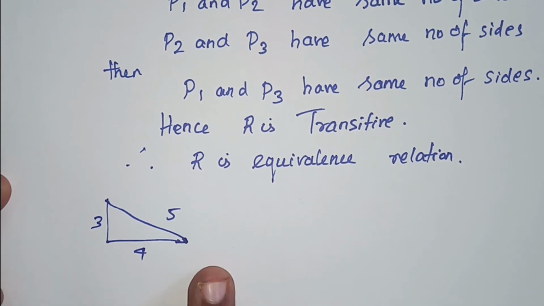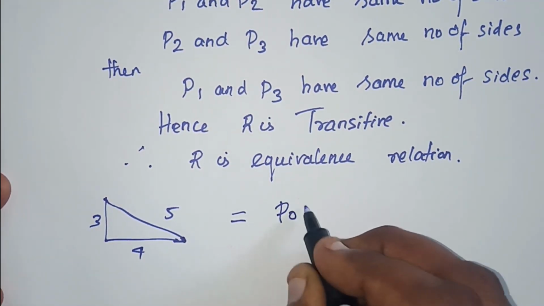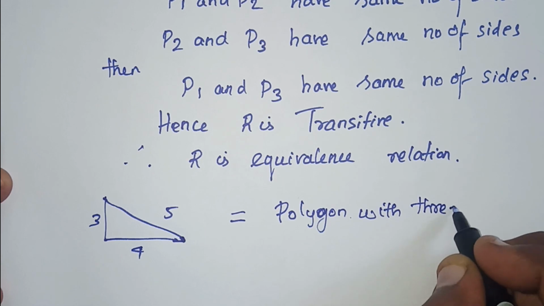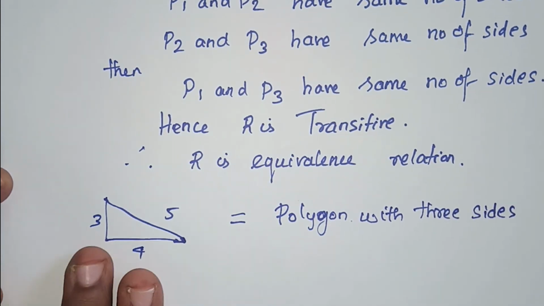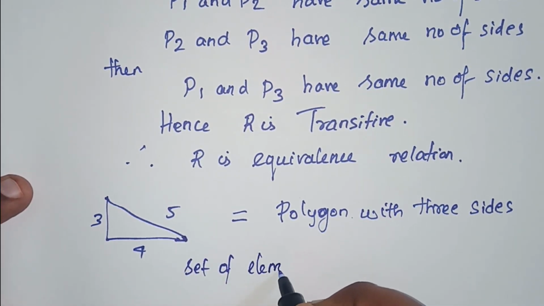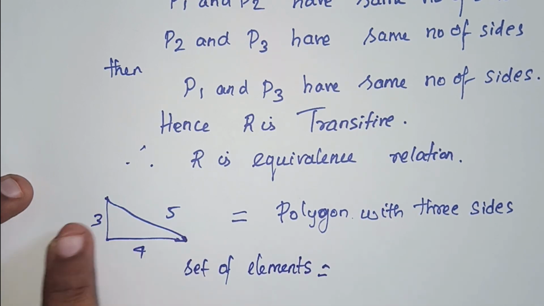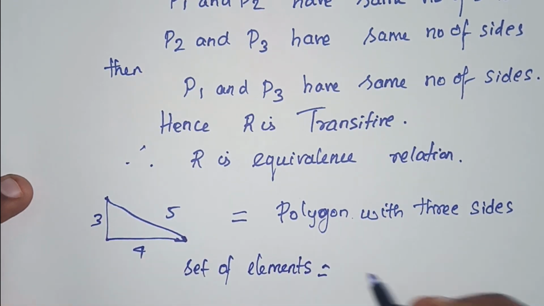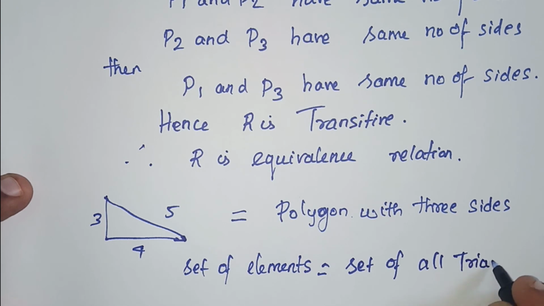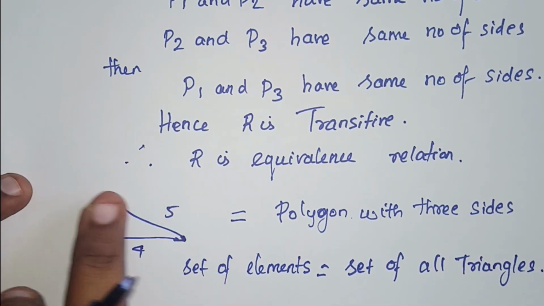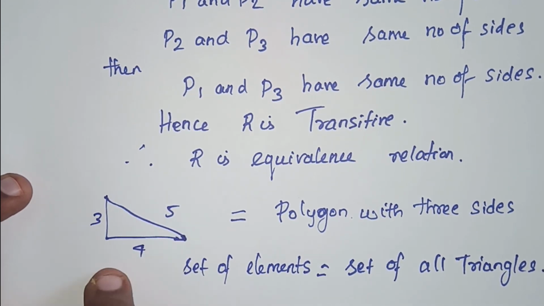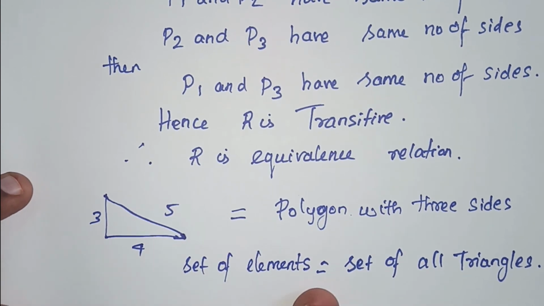A triangle is nothing but a polygon with 3 sides. So the set of elements related to A is the set of all triangles, because the given is a right angle triangle, a polygon with 3 sides. So the set of elements related to A is the set of all triangles.